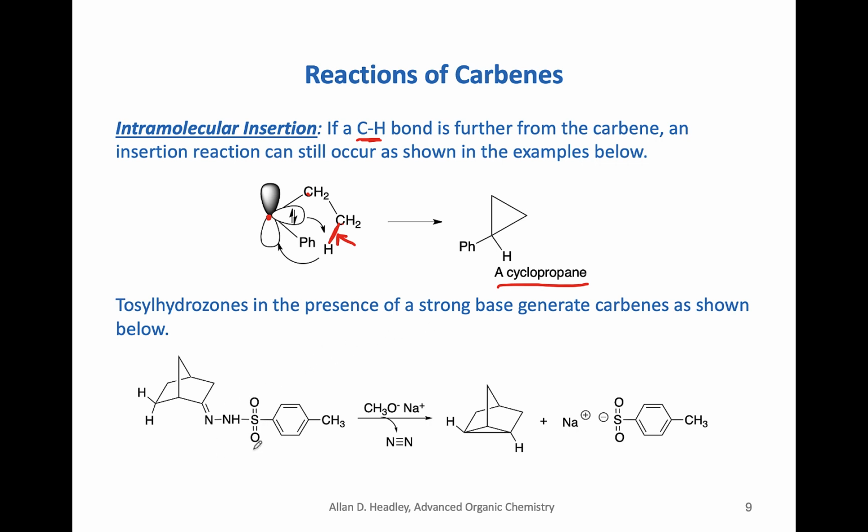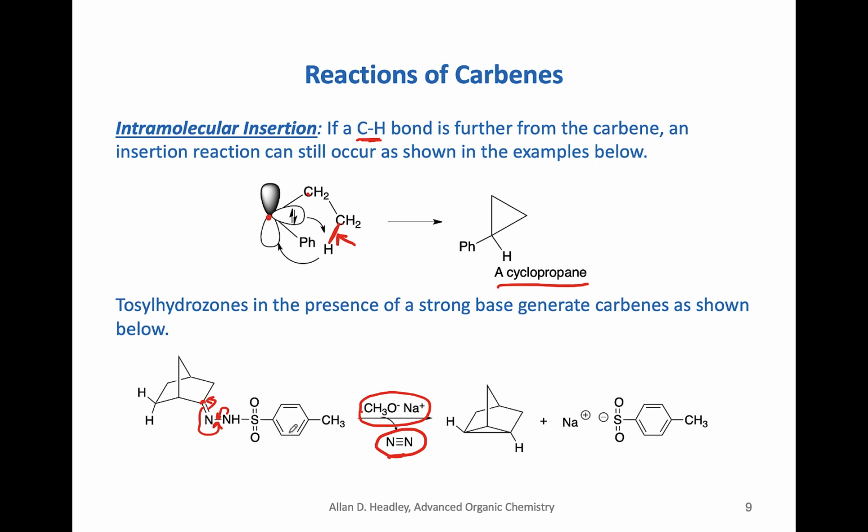So let's look at a specific example here. We have seen this type of hydrazone before, tosyl hydrazone. And we know the strong base, notice that's the strong base here, methoxide anion, or sodium methoxide, pulls off this proton here, and of course the electrons come in and go onto that. Eventually it comes back out, so we have nitrogen coming off, and we have the carbene right here.